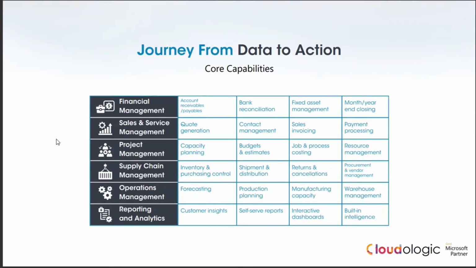Again, here we will talk about some core capabilities. Let's pick up the first one, financial management. As I said, starting from the basic entries, that is either accounts receivable or payable, it means either we have paid something or we have received something. Then the next level, let's say bank reconciliation, where we check both sides, the debit and the credit sides, to see if both sides are matching, like how much we have paid and how much is deducted, and whether that is equal.